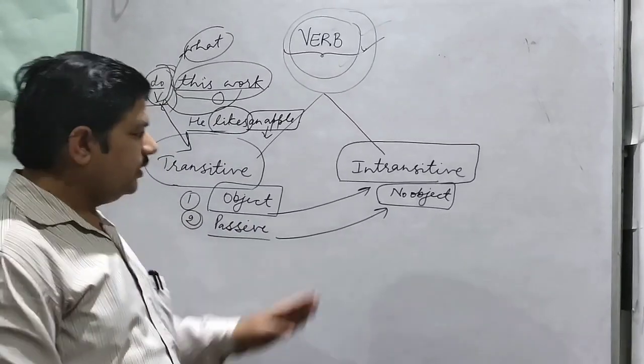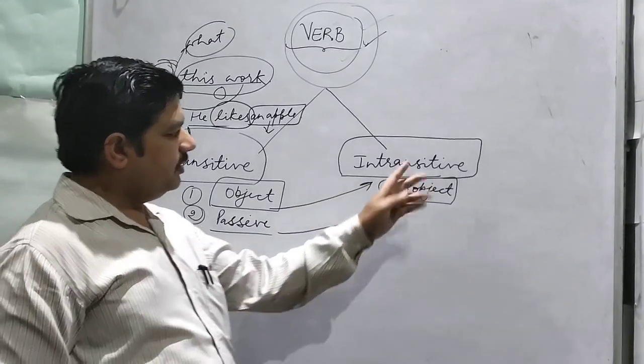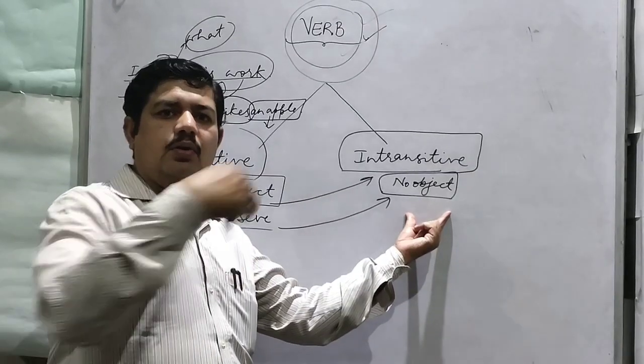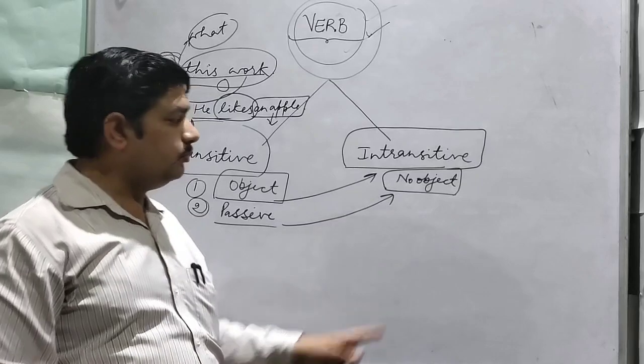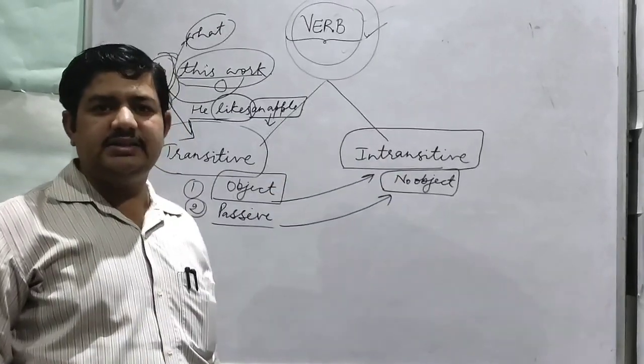Again I tell you, if a verb is followed by some words and because of that we are not able to convert it into passive form, that verb will be an intransitive verb.